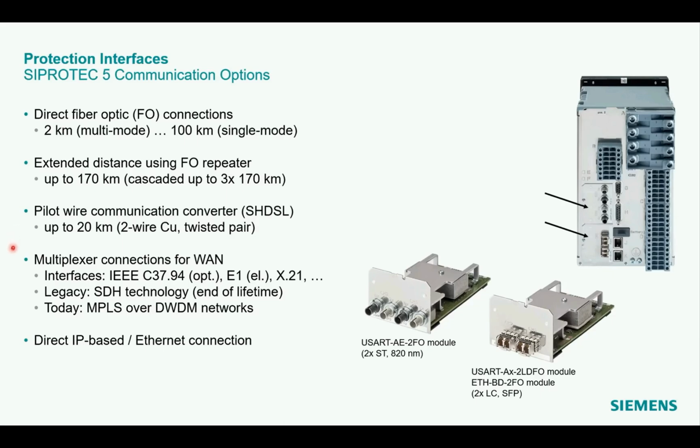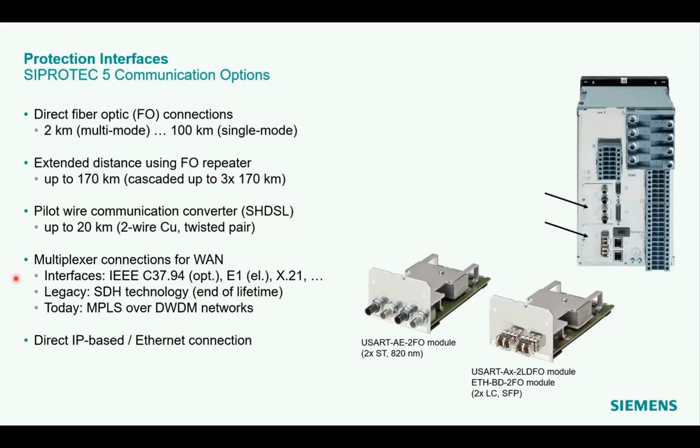And there are also options available where you can connect to multiplexers for wide area networks. Here we have interfaces for the IEEE C37.94, which is an optical interface, or E1 or X.21. The legacy technology is SDH technology, which is at the end of its lifetime.